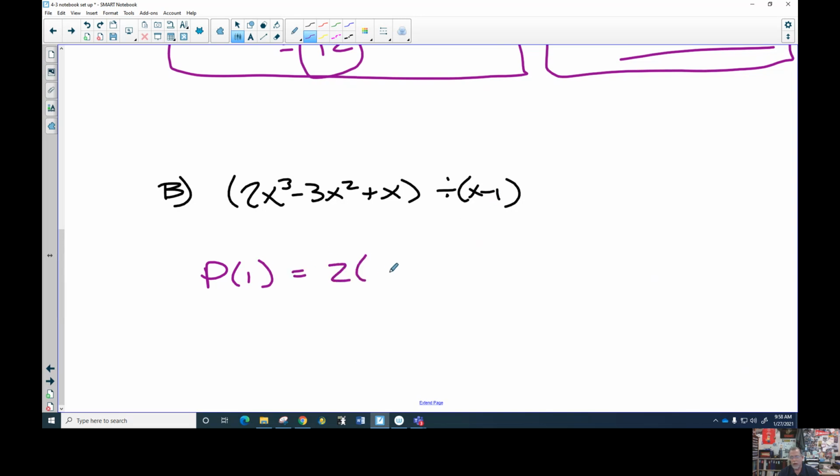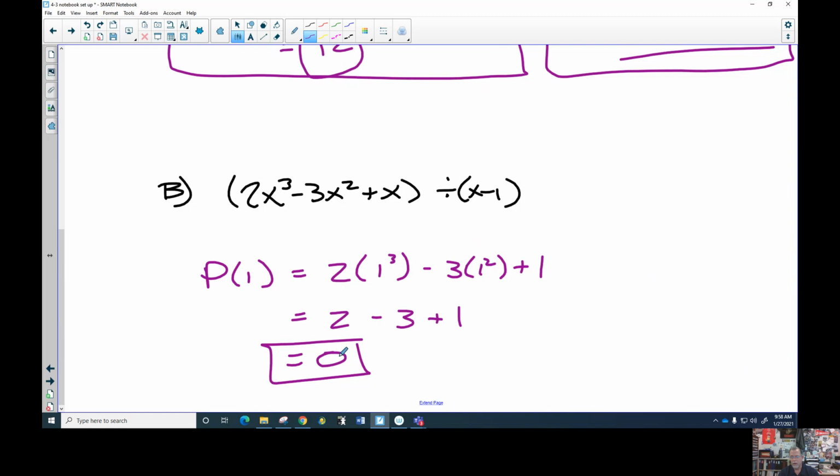And so that means 2 times 1 cubed minus 3 times 1 squared plus 1. So that's just 2 minus 3 plus 1, which is 0. So there's the remainder. We use the remainder theorem to decide this. So this would be yes. X minus 1 is a factor.